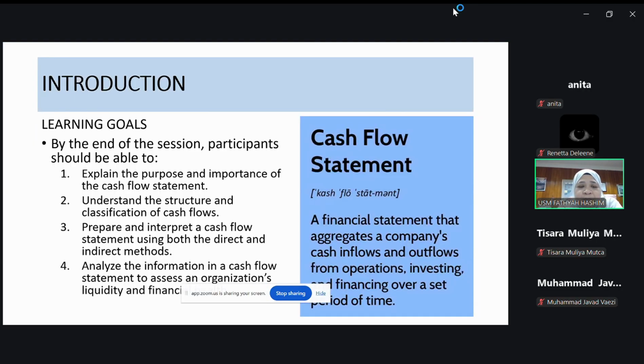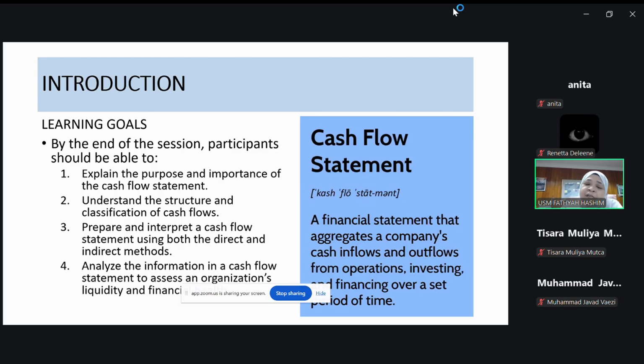So our learning goals today are that by the end of this session, you would be able to explain the purpose and importance of the cash flow statement, and understand the structure and classification of cash flow very briefly.